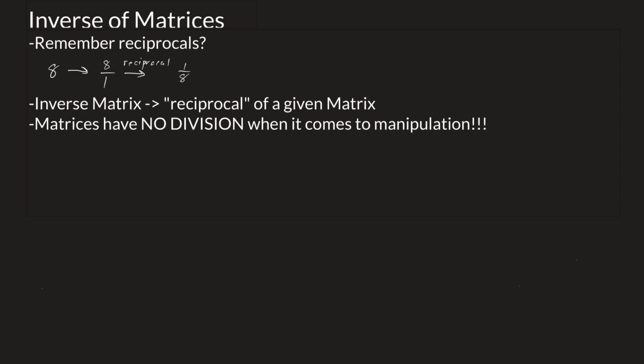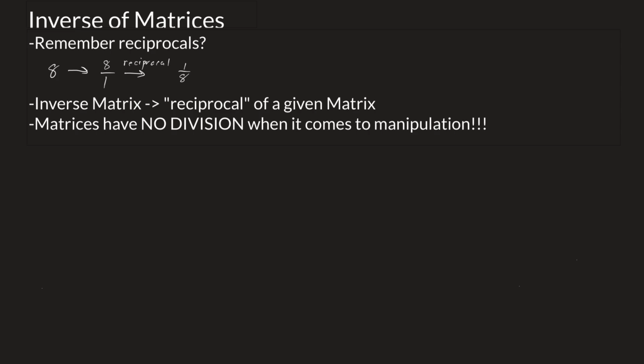Hence, we have to deal with the inverse of a matrix in order to essentially get the reciprocal of a matrix such that we could do a quote unquote division operation. Because the inverse of a matrix is essentially the reciprocal, we have this important relation that we could put in our toolkit.